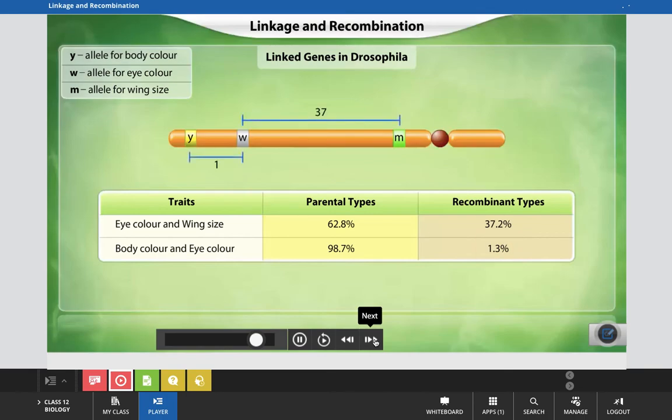From the 2 crosses conducted by Morgan, we can understand that the genes for eye color and body color are more closely linked to each other as compared to the degree of linkage between eye color and wing size.